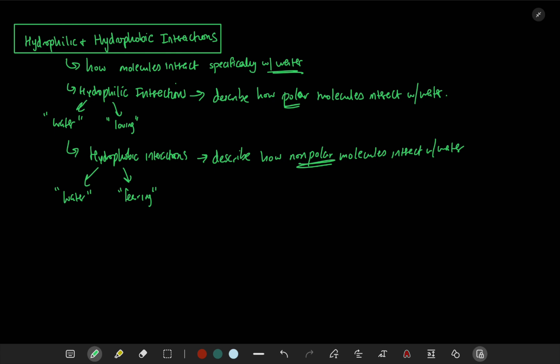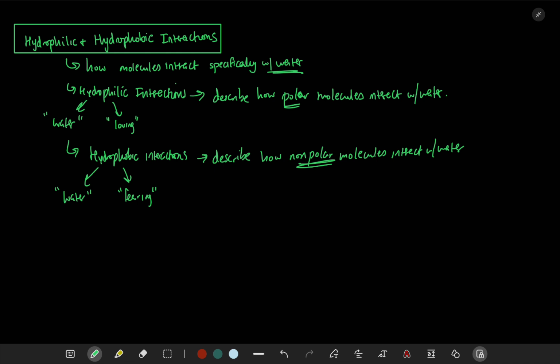And because they're much weaker than the hydrogen bonds that water molecules can form amongst themselves, what's going to happen is that all of these nonpolar molecules are going to aggregate together, come close to each other, and water will surround them. That happens because it's easier for water to interact with itself, because water is polar, and polar will interact with polar, than it is for water to interact with these nonpolar molecules.